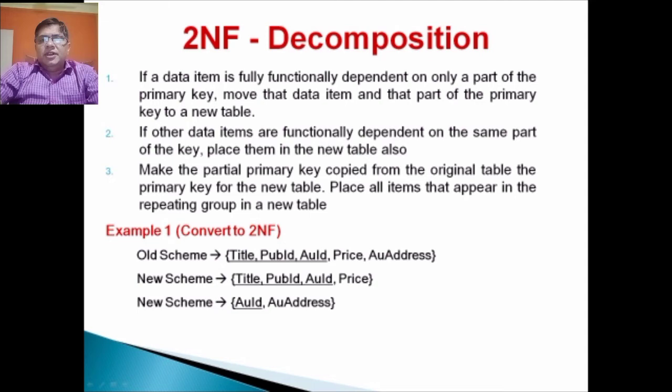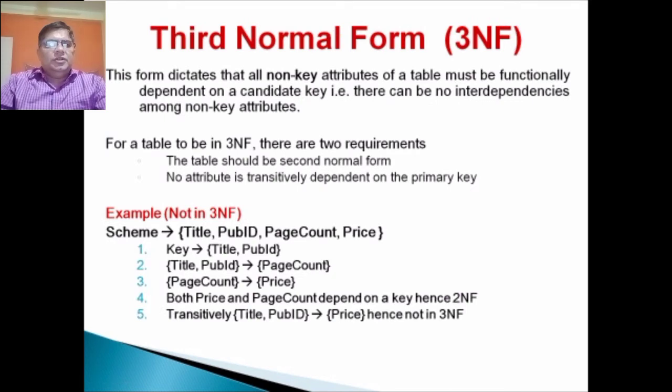If a data item is functionally dependent on only a part of the primary key, move that data item and that part of the primary key to a new table. Third normal form.